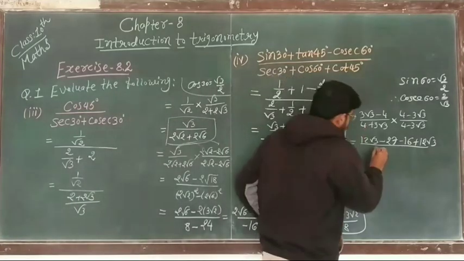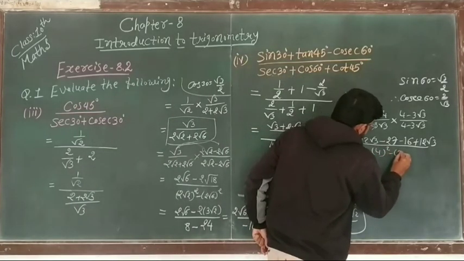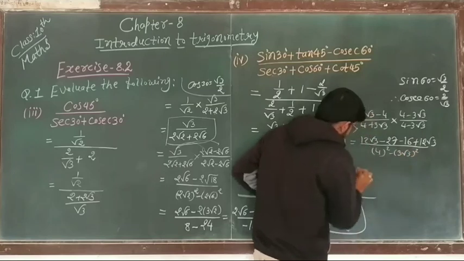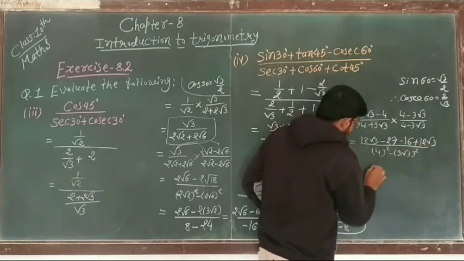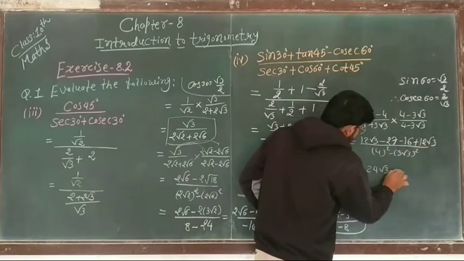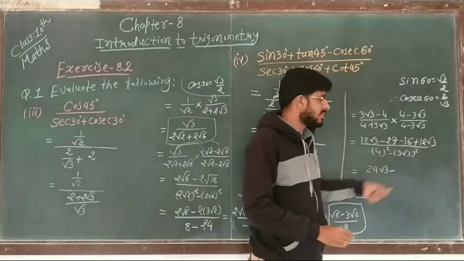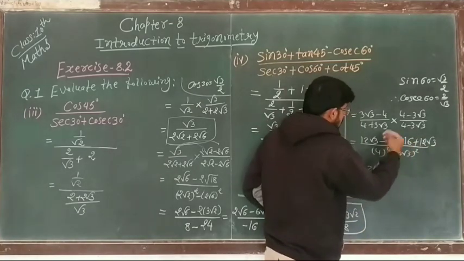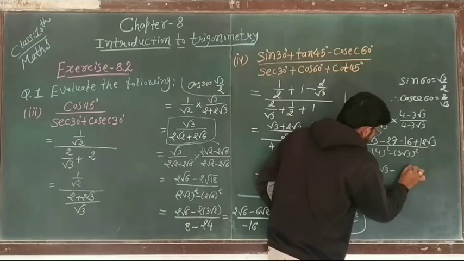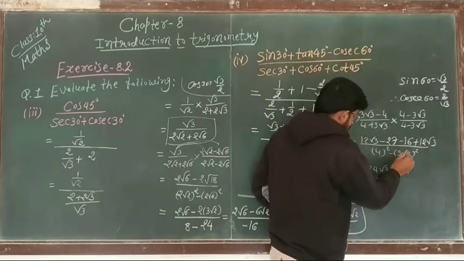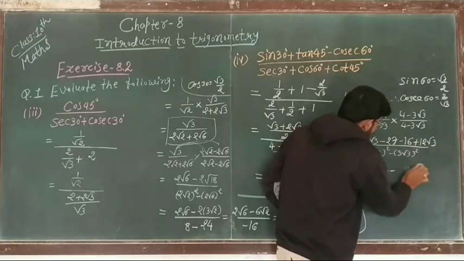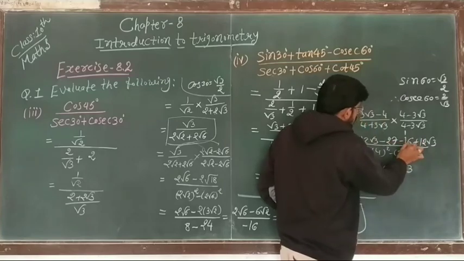So we have to write 4 square minus 3 root 3 square is equal to 12 root 3 plus 12 root 3, it gives 24 root 3, minus 27 plus 16, because both are minus, so we can add 6 plus 7, 13.